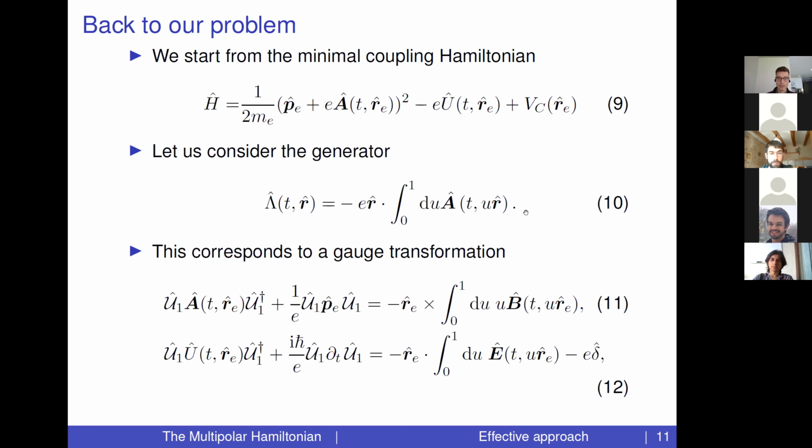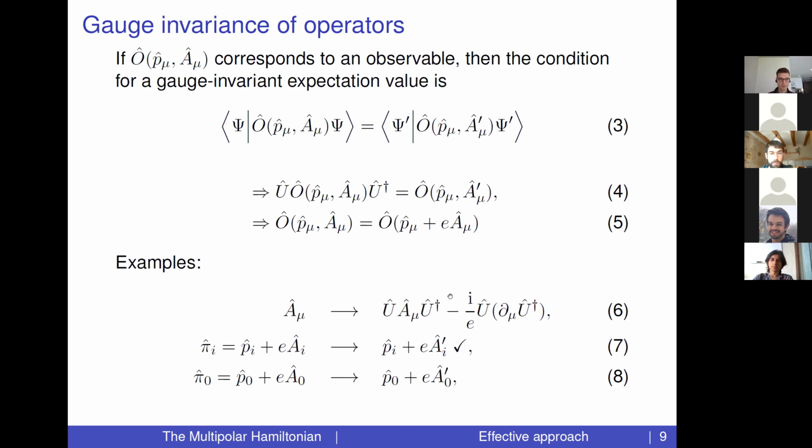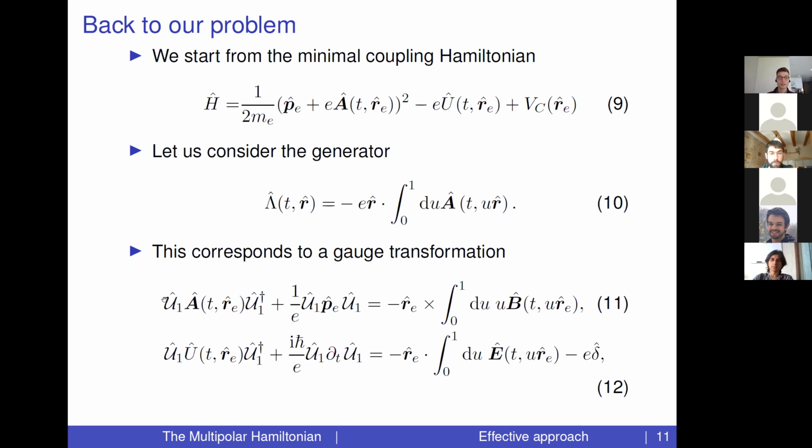One can show that this corresponds exactly to a gauge transformation. From what we saw on the last slide, we know how to transform the potentials. The nice thing here is that they can be expressed in terms of the electric and magnetic fields. This is very nice because we don't have any explicit gauge dependence anymore in this new gauge.